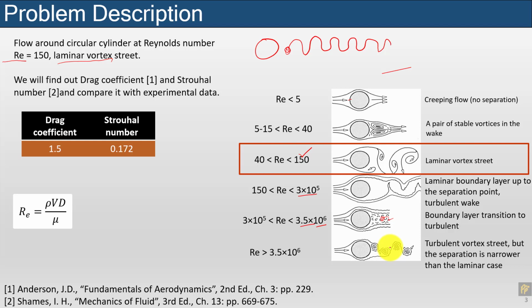I will discuss this: with LES, we will be able to resolve all these vortices, but with U-RANS, the unsteady Reynolds-averaged equations, we will only be able to solve a single vortex state. So this is the reason we selected this Reynolds number for this case. From these two references, the drag coefficient for this cylinder at Reynolds number equal to 150 is 1.5 and the Strouhal number is 0.172.